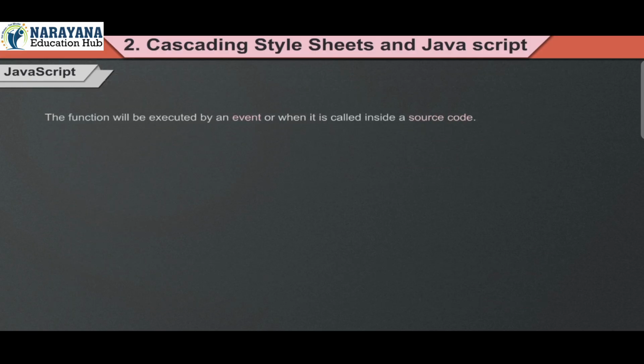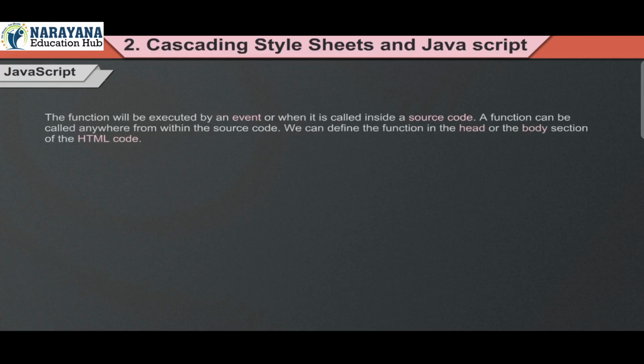The function will be executed by an event or when it is called inside a source code. A function can be called anywhere from within the source code. We can define the function in the head or the body section of the HTML code. A function is called by its name.